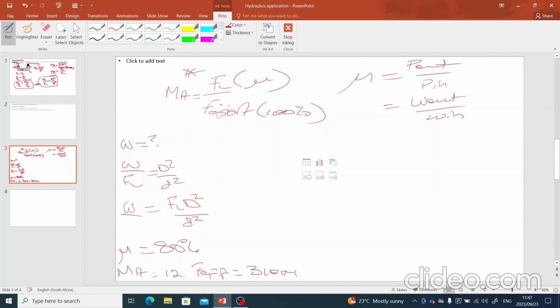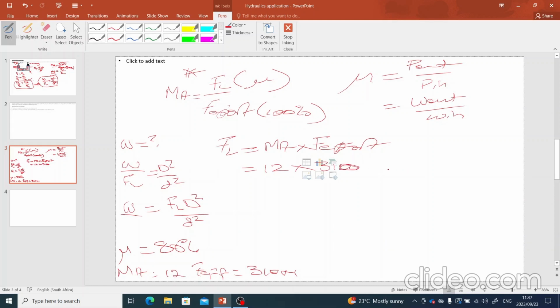Now in working out this concept, this is what you would realize, in applying the efficiency and the 100%. In making FL the subject of the formula, it will be FL equals MA multiplied by F effort. Now it is 12 multiplied by 310.